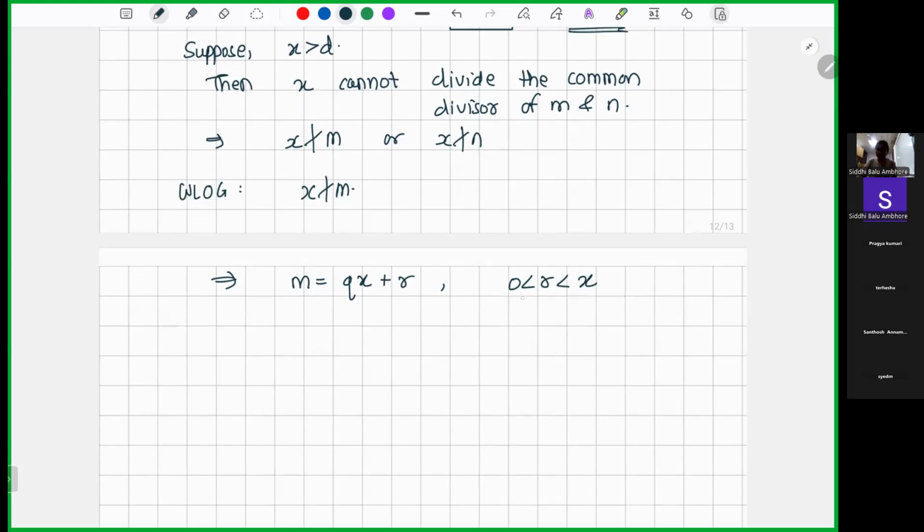This happens because x does not divide m. If x divides m, then m is equal to some multiple of x. But since x does not divide m, this r is non-zero and it is not equal to x as well.